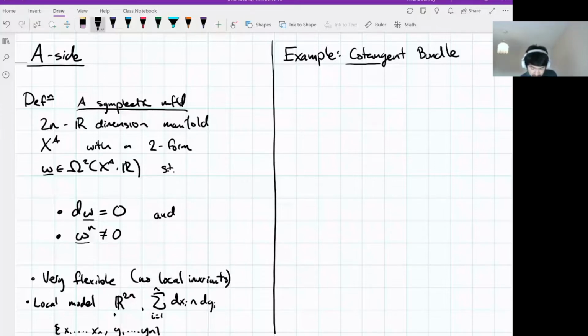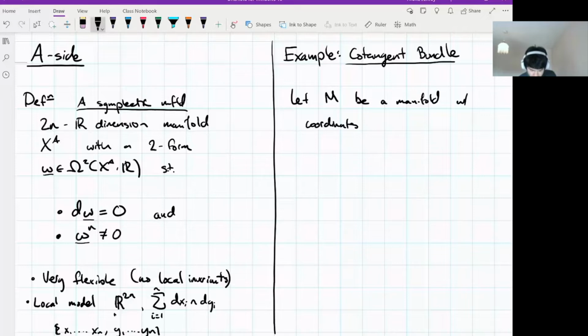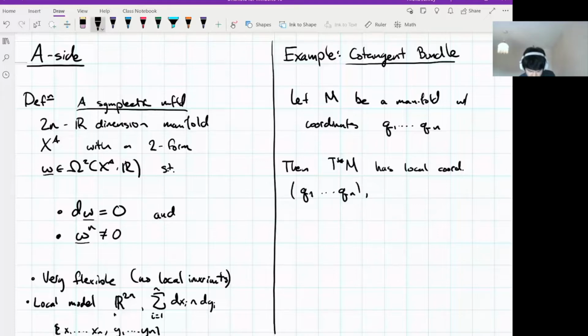So let M be a manifold with coordinates q1 through qn. Then the cotangent bundle of M has local coordinates q1 through qn, p1 through pn.